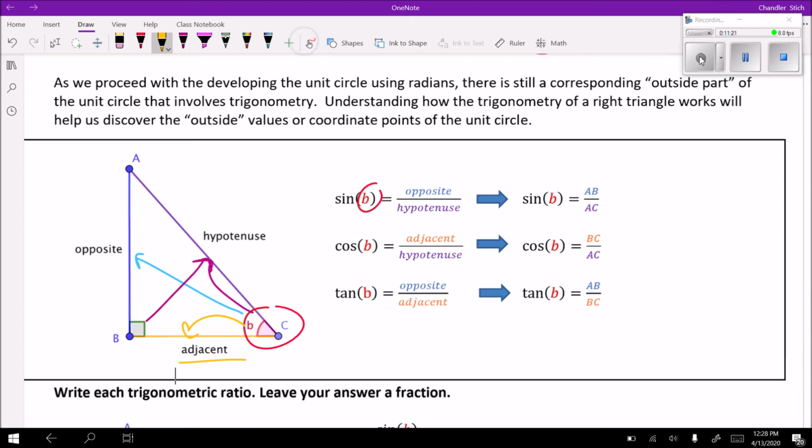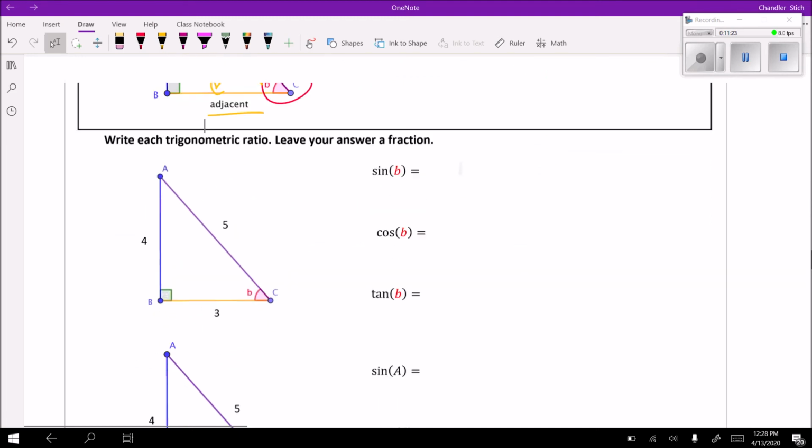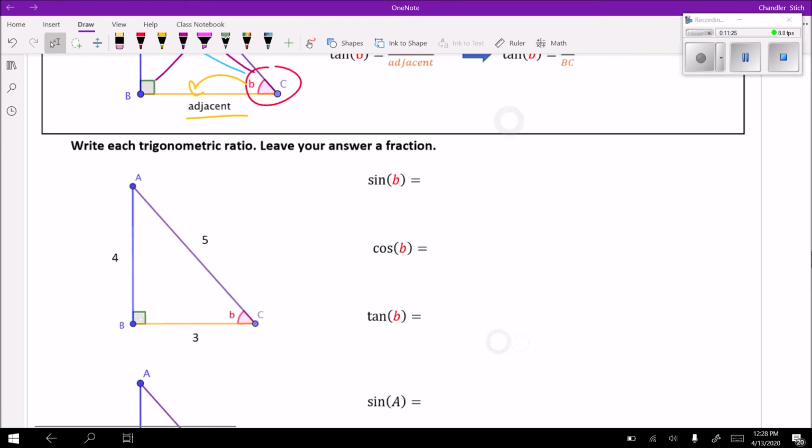All right, so here's how we solve this. Let me give you some examples. For each trigonometric ratio, leave your answer as a fraction. Right, so I want to figure out what is sine of B, and we have a 3, 4, 5 right triangle here, which is a special right triangle. Well, sine is opposite over hypotenuse.